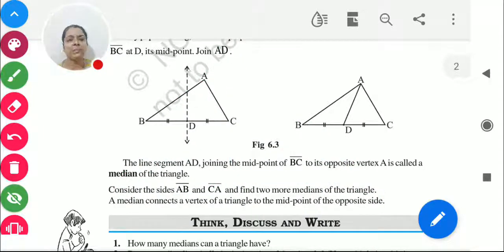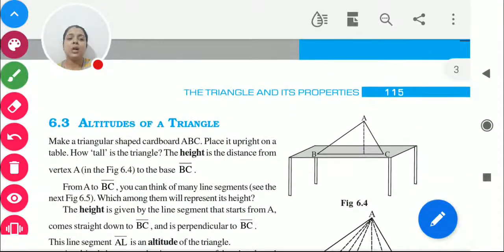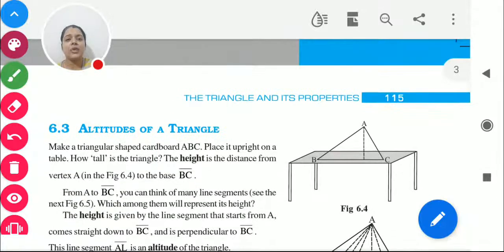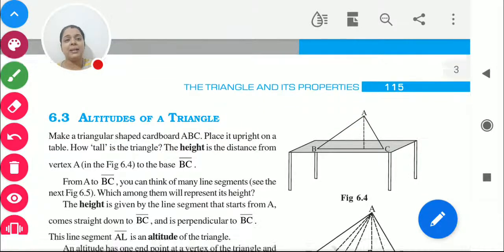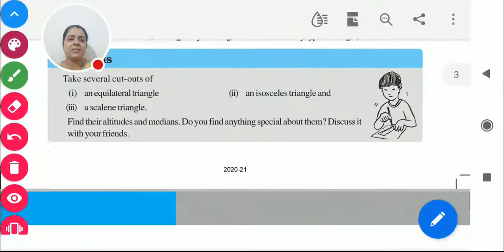Please try to understand: the altitude of a triangle is the perpendicular line. So we'll have 3 altitudes and 3 medians in each triangle because we have 3 vertices here. These are the things we have already discussed.